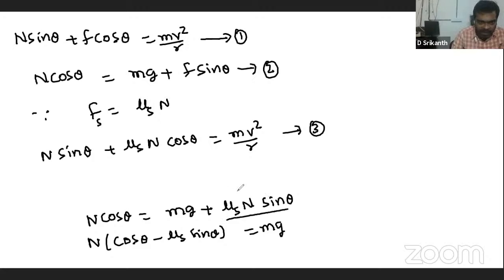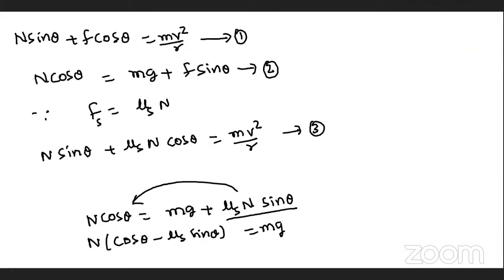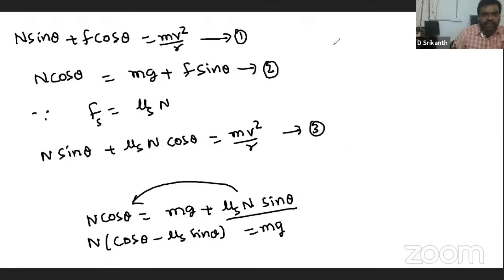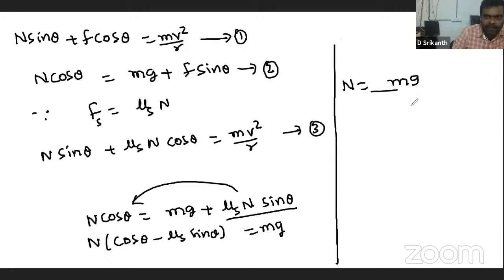I have taken this term to this side, right? We will get the normal force, and I will substitute in equation 3. N is equal to mg by cos theta minus mu s sin theta.